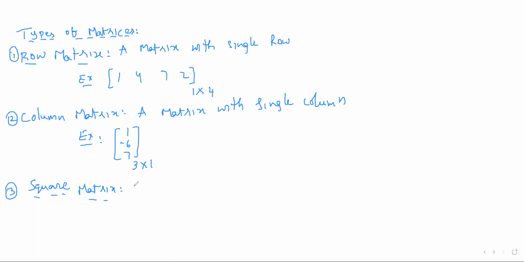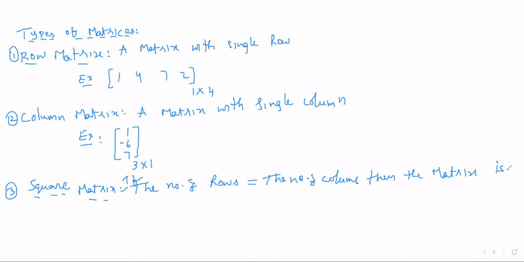Square: the number of rows is equal to the number of columns. If the number of rows is equal to the number of columns, then the matrix is a square matrix.